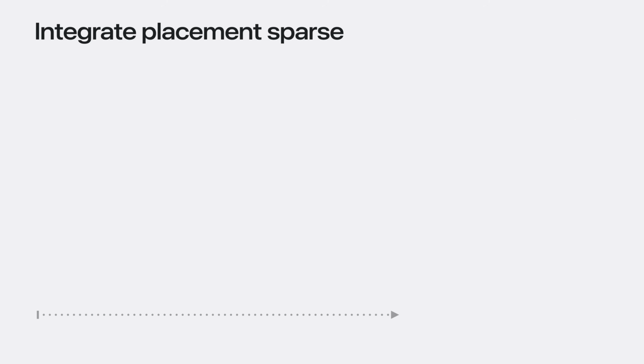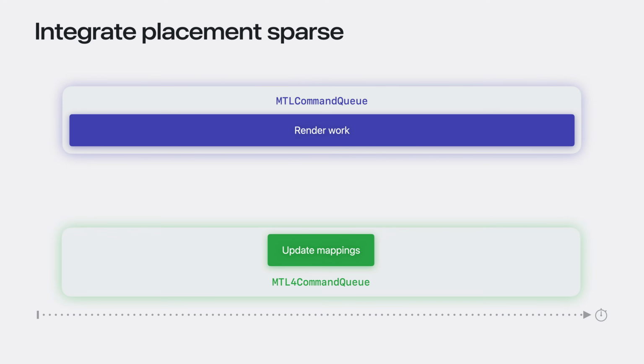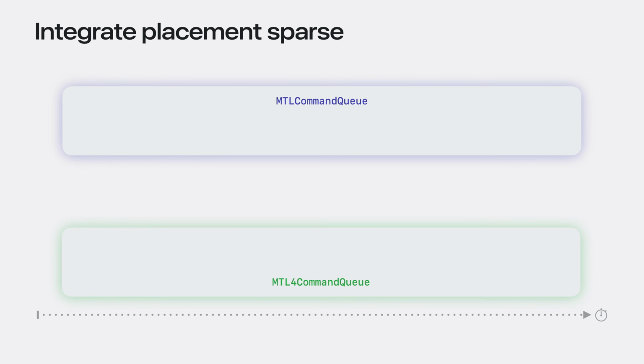Placement sparse is a great example of a feature that enables a specific use case. Here's how you can integrate it into your existing Metal app. Your Metal app already commits work using the existing Metal command queue, while placement-sparse mapping operations require a Metal4 command queue. You can use a Metal event to synchronize work between your app's Metal and Metal4 command queues.